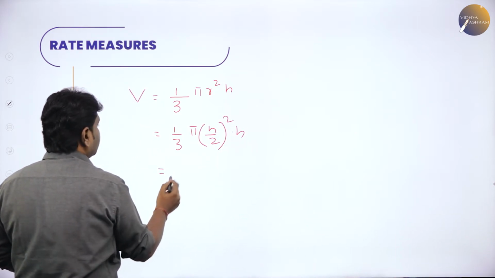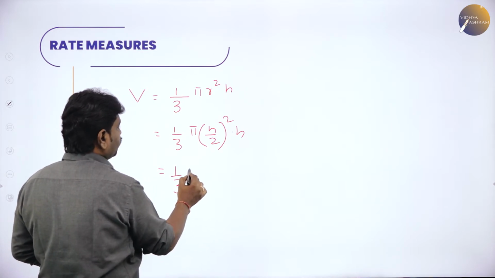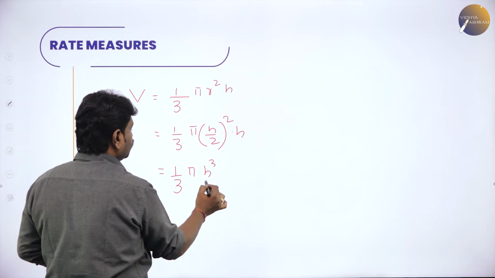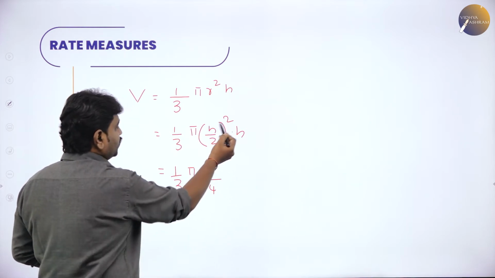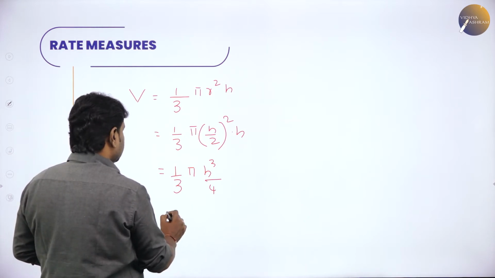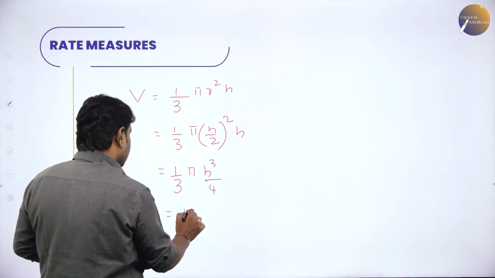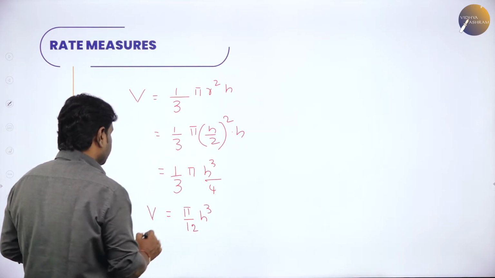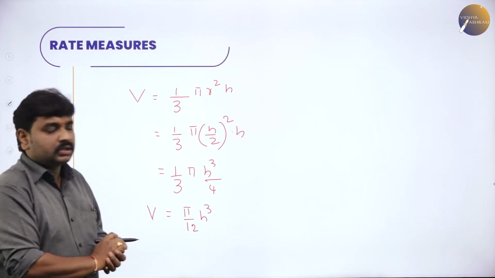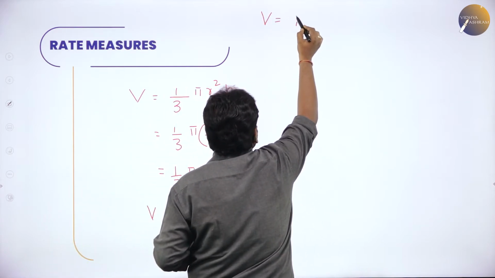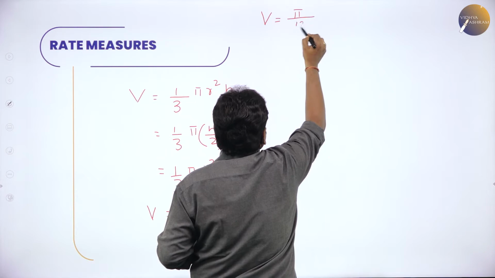And then simplify this. 1/3 pi h square into h is h cube, divided by 2 square, which is 4. So now we get pi divided by 4 threes are 12, into h cube. New value of volume. So volume is exactly pi by 12 h cube.